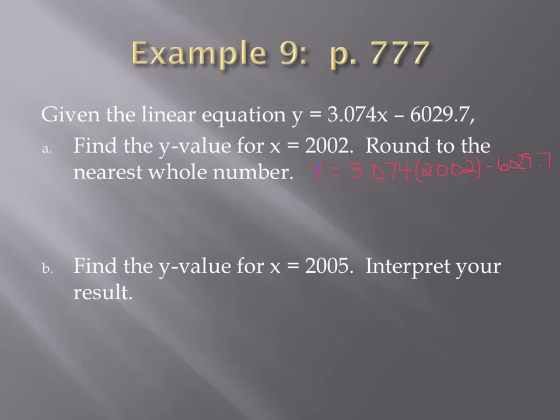Okay, so 3.074 times 2002 is 6,154.148. And then subtract 6,029.7, and that gives us 124.448. So the directions say round to the nearest whole number. So 124.4 is closest to 124.